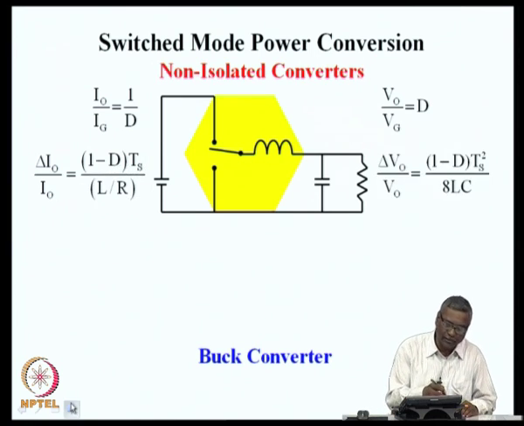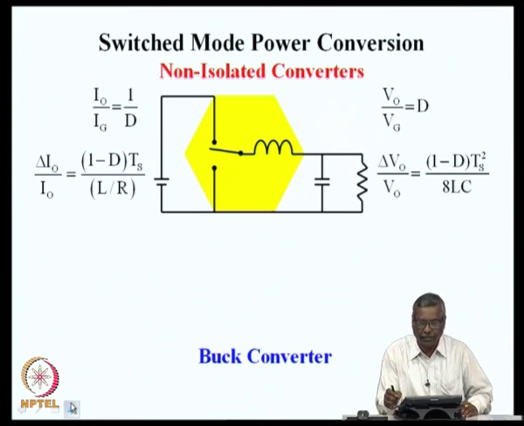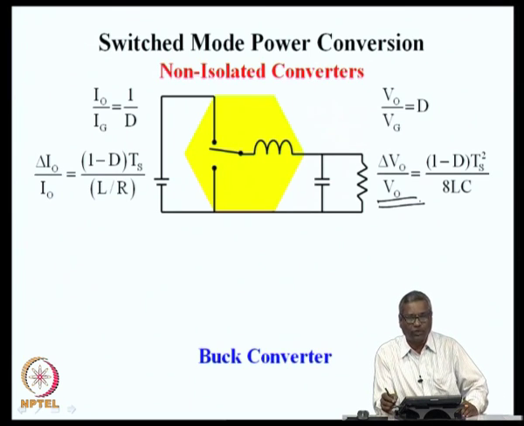Another non-ideality in the converter is the voltage ripple at the output. Ideally, we would like this power converter to provide an output voltage which is constant, fixed, and with no other disturbances. But because the power is processed with a switch here, the converter provides an output voltage V0 which also has undesirable ripple delta V0, and this ratio delta V0 by V0 is a non-ideal property of the converter.